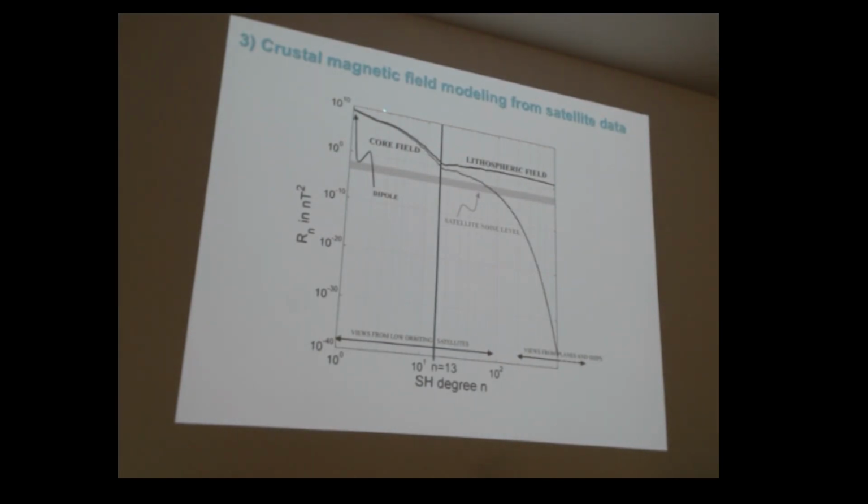This is the power spectrum of the lithospheric field at the Earth's surface, as it is measured by the world digital anomaly map. And this is the same power spectrum at the altitude of the satellites. And here, this is more or less the sensitivity of the magnetometer.